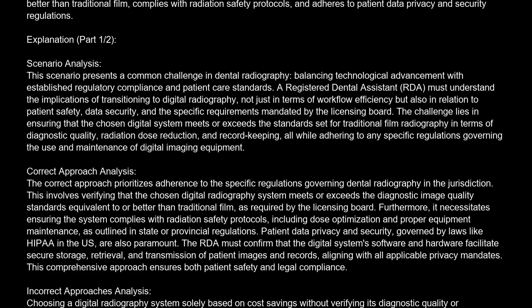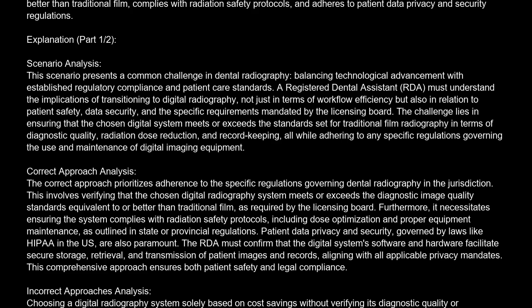The challenge lies in ensuring that the chosen digital system meets or exceeds the standards set for traditional film radiography in terms of diagnostic quality, radiation dose reduction, and record keeping, all while adhering to any specific regulations governing the use and maintenance of digital imaging equipment.